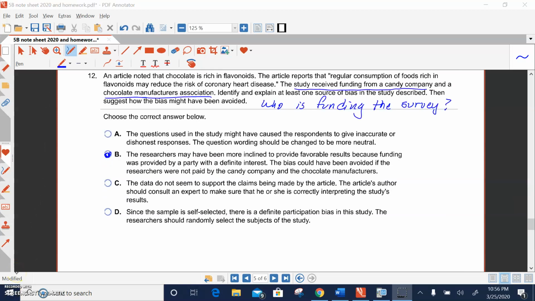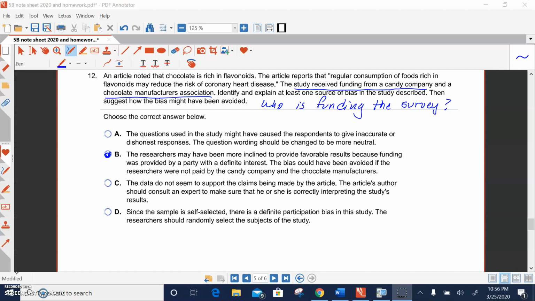Okay, last problem to wrap up this section 5B. What did you notice? Who was funding this survey? Well, the study received funding from a candy company and a chocolate manufacturer. And what were the results of the study?